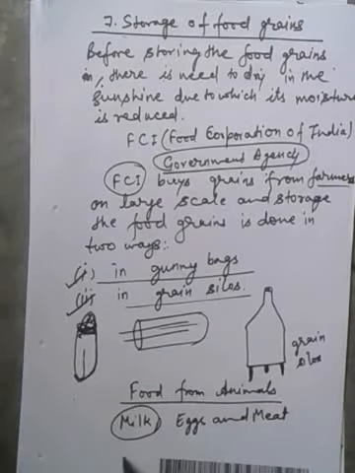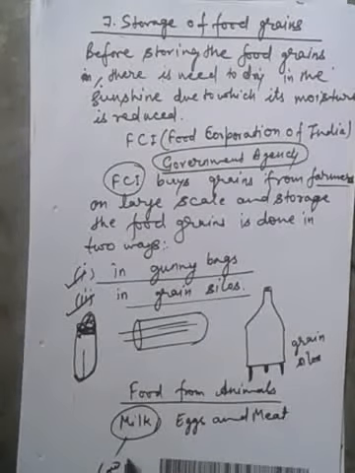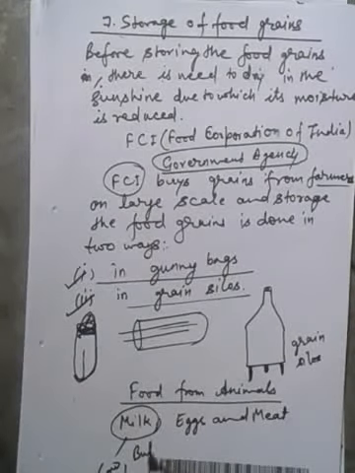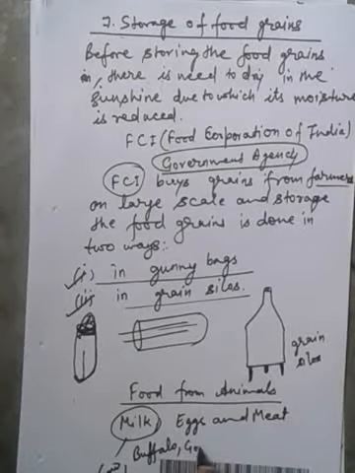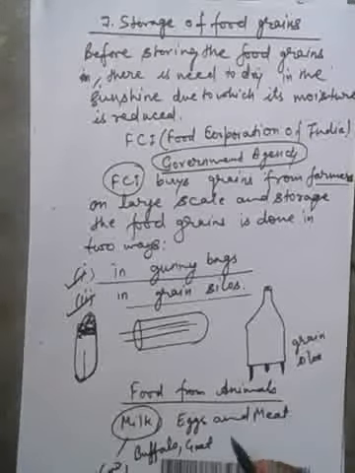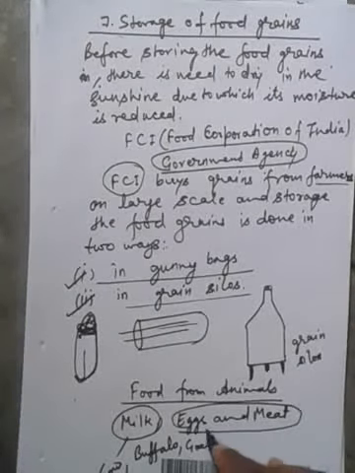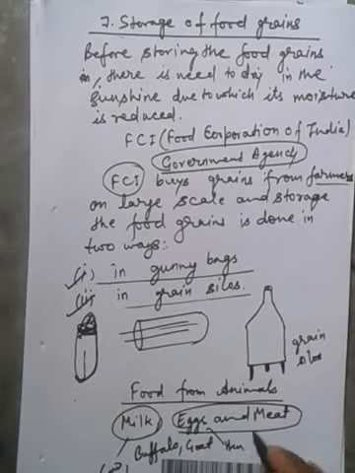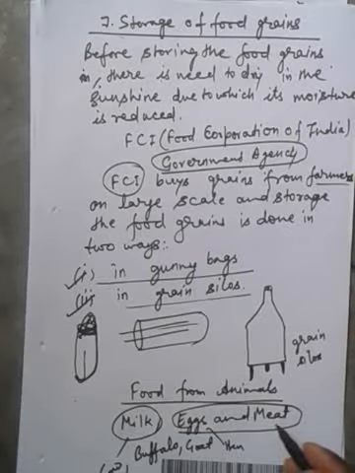Milk-giving animals are like cow, buffalo and goat. We obtain eggs or meat from hen, goat, sheep. Meat and eggs we obtain from hen. Meat is obtained from goat, fish, etc.